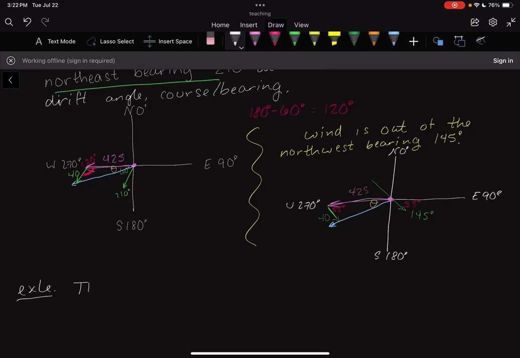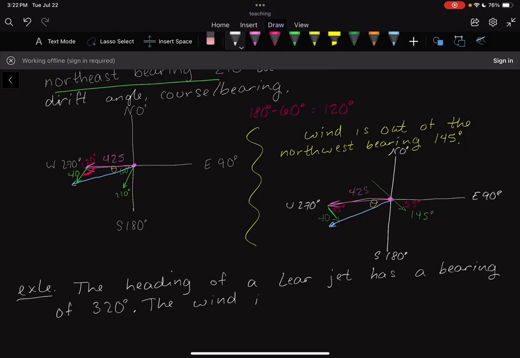So let me write it out for you. It says the heading of a Learjet, I don't know what that is, has a bearing, a plane. That's what it is. Has a bearing of 320 degrees. The wind is 70 miles per hour with a bearing of 190.